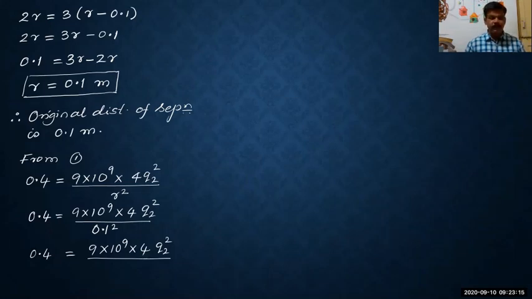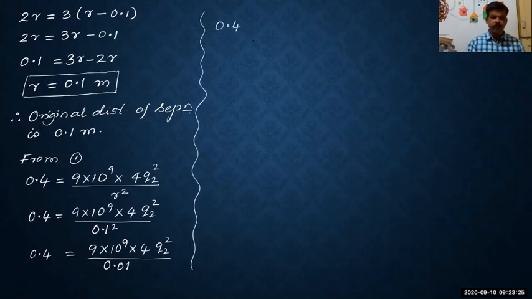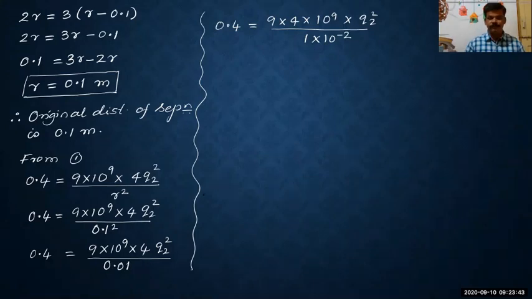So 0.1 square is 0.01, or 0.4 is equal to 9 into 4 into 10 raised to 9 into Q2 square divided by 1 into 10 raised to minus 2, because 2 decimal places are there. I have taken 10 raised to minus 2.